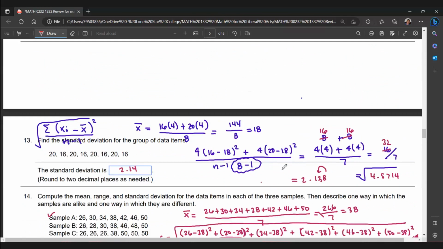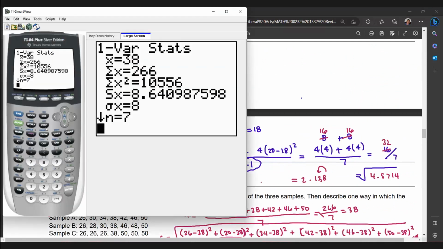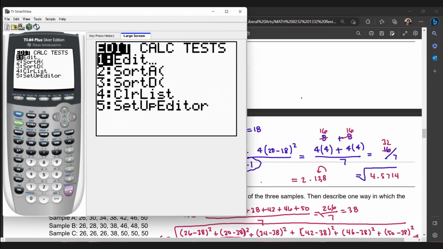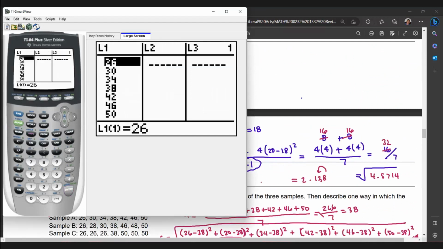Okay. By the way, we could do number 13 also with the calculator, and let's just do that real quick. There were four 16s and four 20s. I just want to show you that we can also do that with the calculator. I'm just going to type 20, 20, 20.